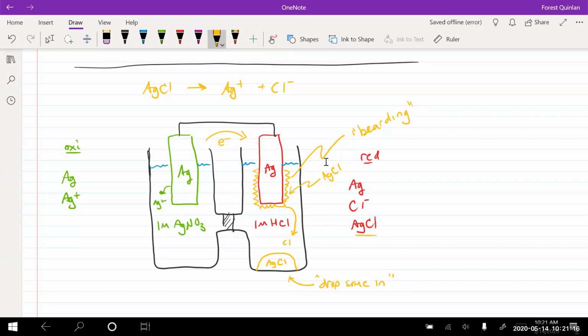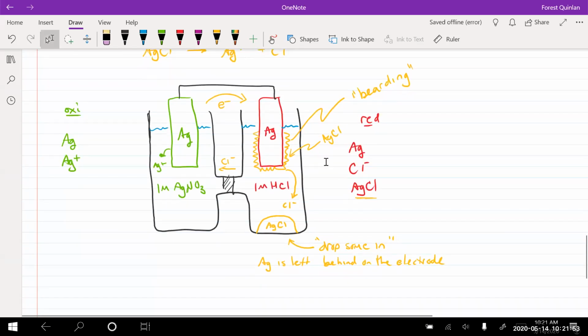The chlorides come off of that, and the silver is left behind as a lumpy mess on top of that red silver electrode. This will continue until you run out of stuff. Oh, and of course, our counter ion will try to balance that out.